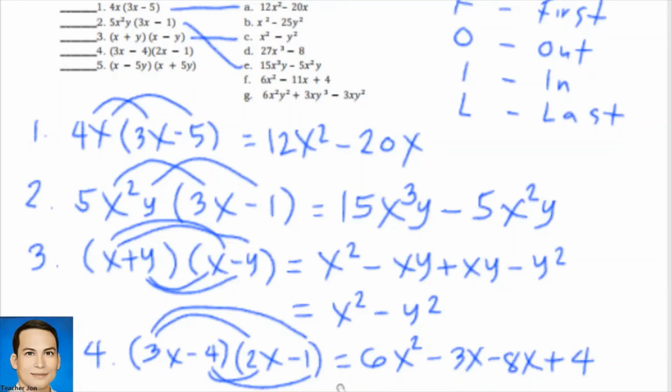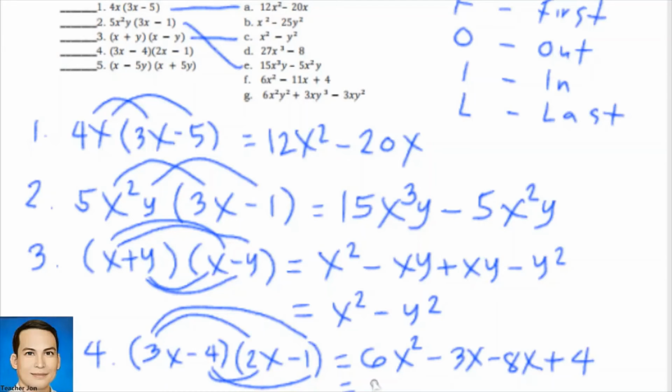Then a bit of simplification. You can only simplify similar terms. So in here we have negative 3x and negative 8x. Considering they have the same variables, which are the x's, it means that they are similar.